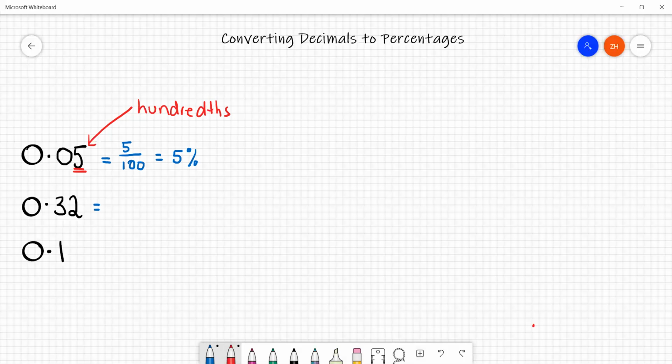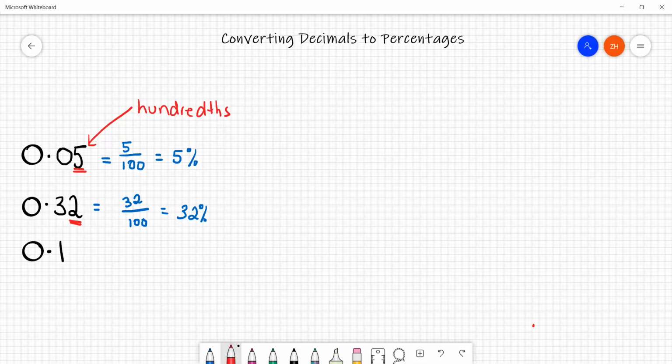If we look at this second one here, the hundredths place is the second one after the decimal point, so the 2 in this case. We have a 2 in the hundredths place, but we've also got a 3 in the next place value up. So we have 32 hundredths, or 32%.